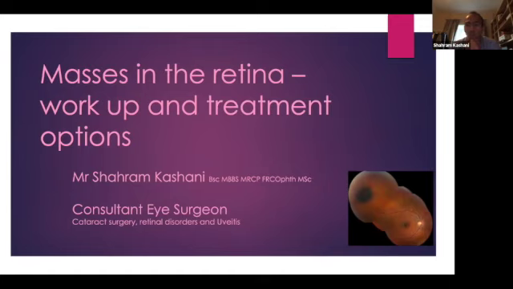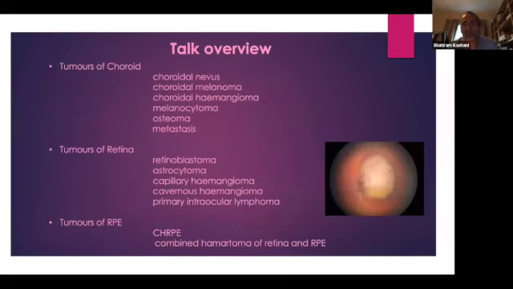But today we're going to talk about abnormal masses in the retina and workup, investigations, and treatment options. So really how I'm going to divide this talk is discuss tumors of the choroid, tumors of the retina, and tumors of the retinal pigment epithelium.